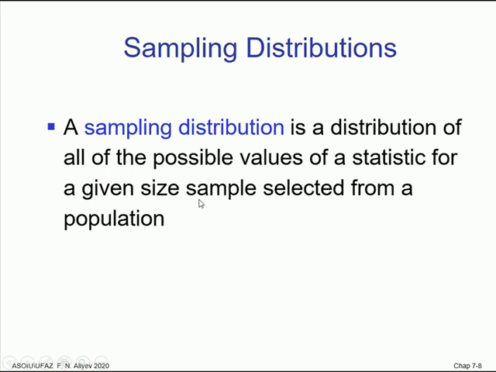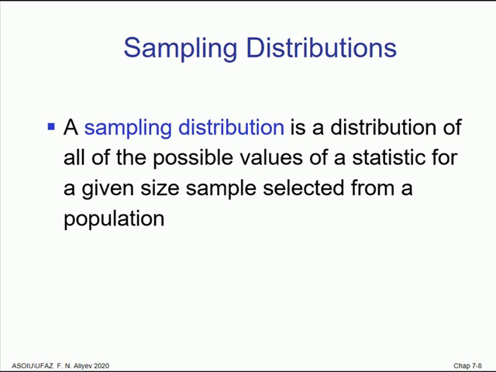Suppose that you have a population. From this population, you may select a sample with size 5, let's say. There are many samples you may select from the population with size 5, yes? You may calculate some measure from this sample, for example, mean.